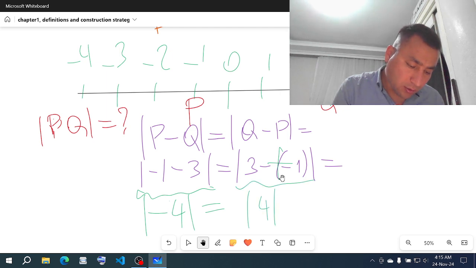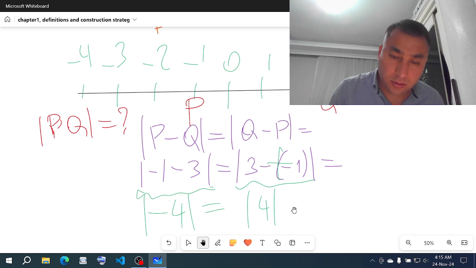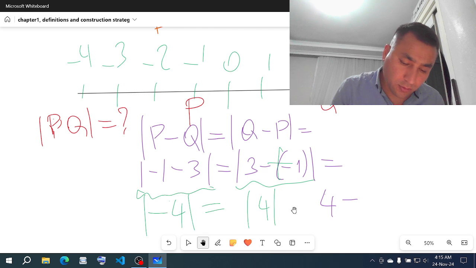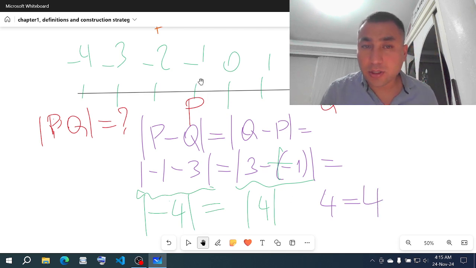When you take the absolute value, both of them are going to be 4. 4 equals 4. That's it. So the distance between P and Q is 4.